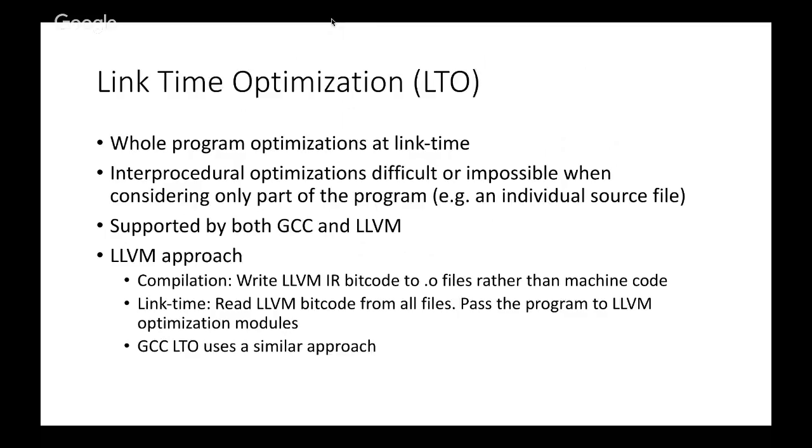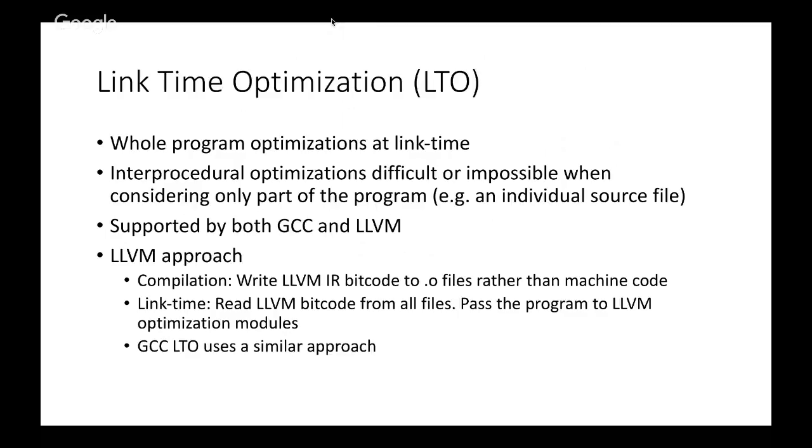The LLVM approach is that the compiler will compile a source file, and when it generates a .o, instead of generating machine code, it puts LLVM's intermediate representation, this IR bit code, in the .o file. So it's actually not machine code in the .o file anymore.